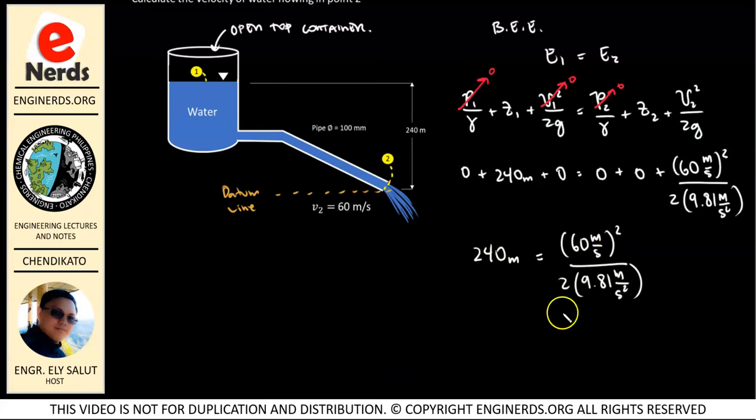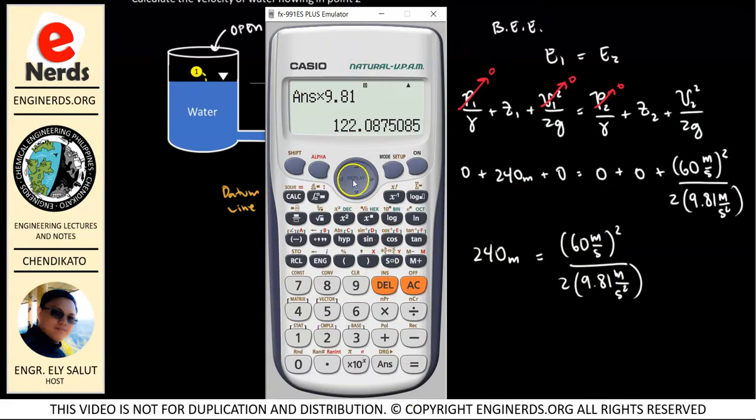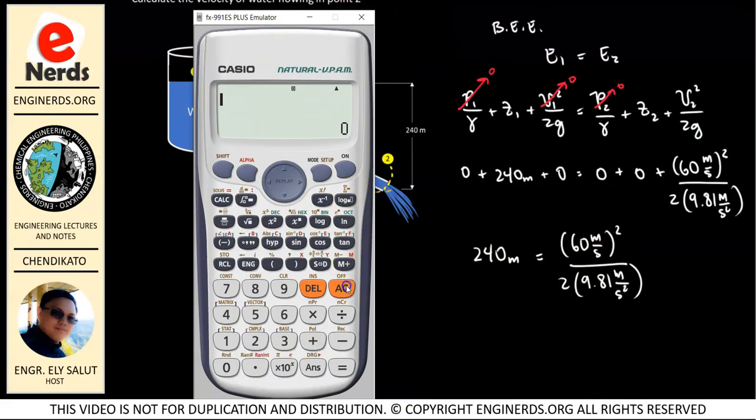Because if we calculate this, let us try to calculate. We have 60 squared divided by 2 and divided by 9.81. So we have here 183.49.